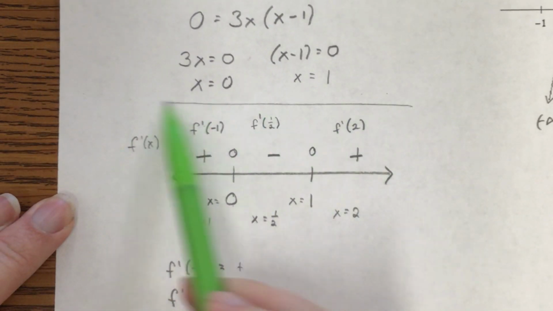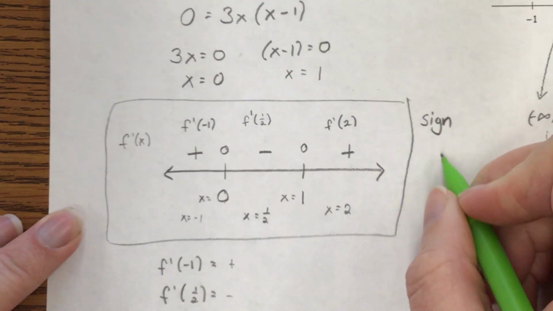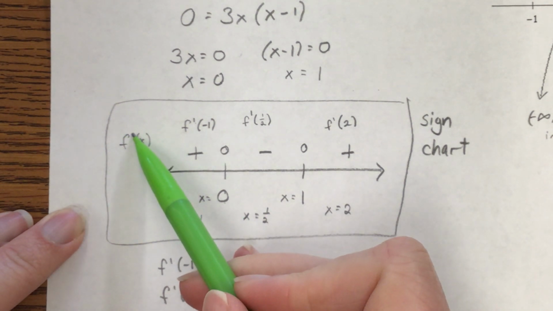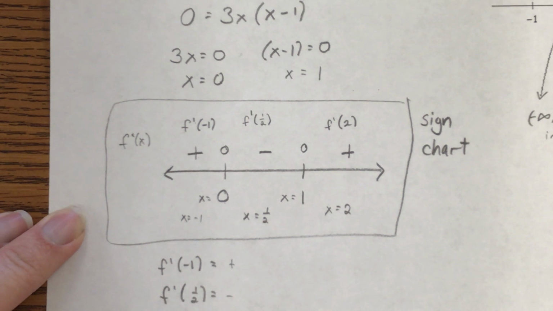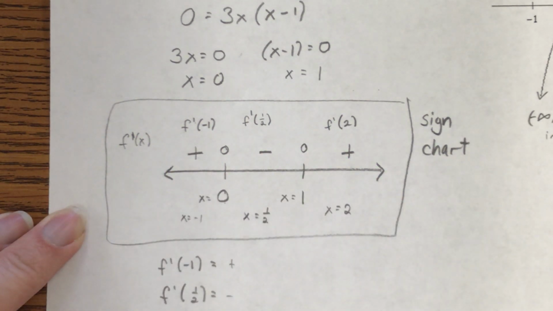This is called the sign chart, because of the signs of f prime. We will use this again with the second derivative in a future lesson, with f double prime. That's going to tell us other things, not increasing and decreasing.